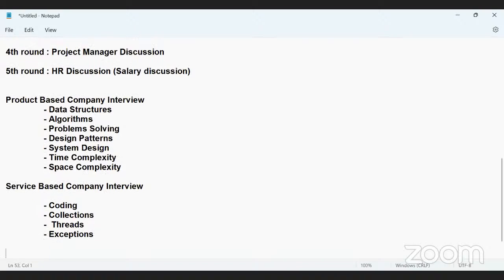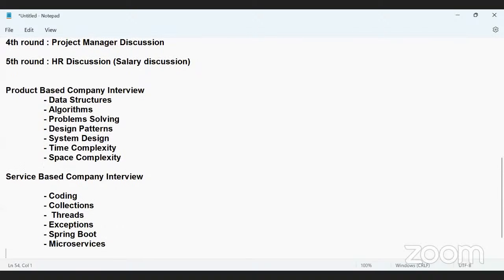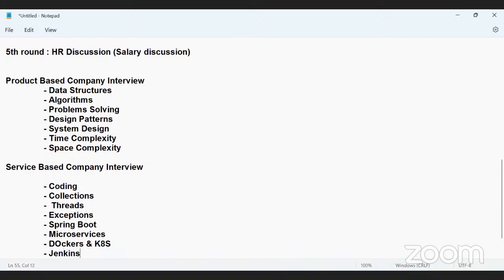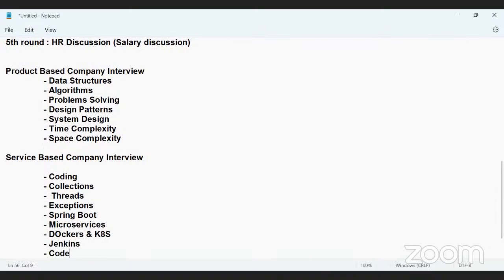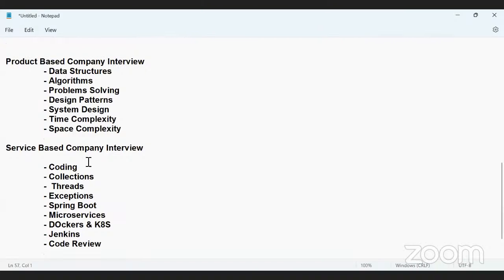Then they are going to ask you some questions on Spring Boot. Then they will ask you questions on microservices. Then they will ask you on Docker and Kubernetes, Jenkins deployment, code review, unit testing. I mean, the latest technologies will be asked when you attend the interview in service-based companies.